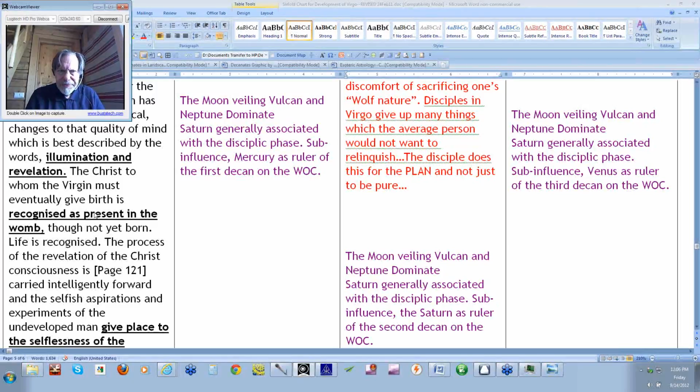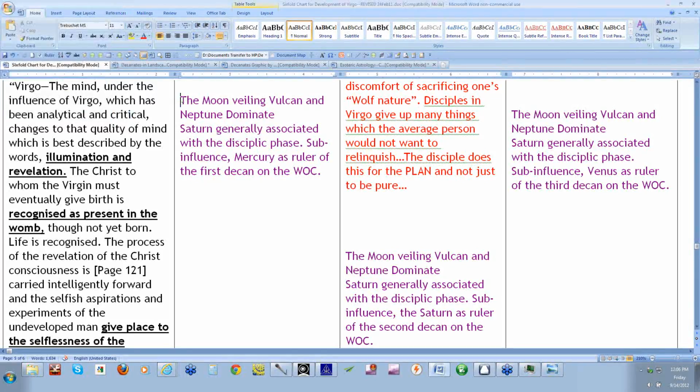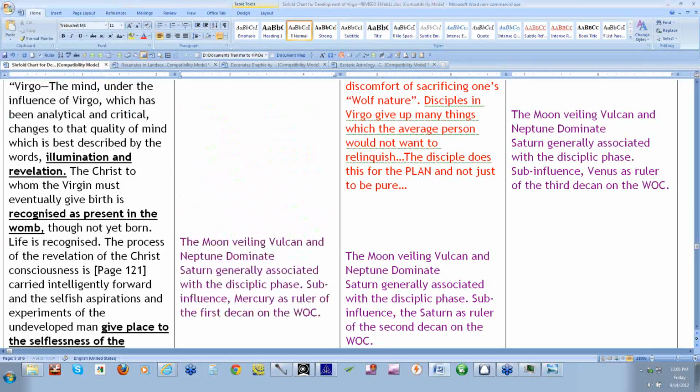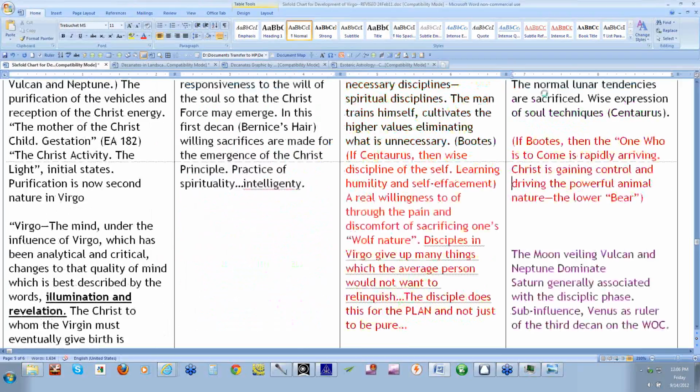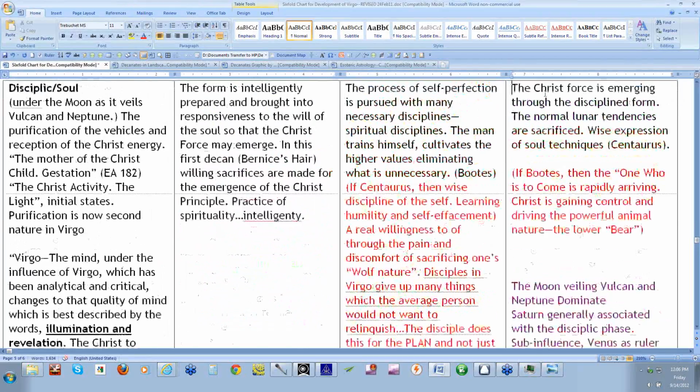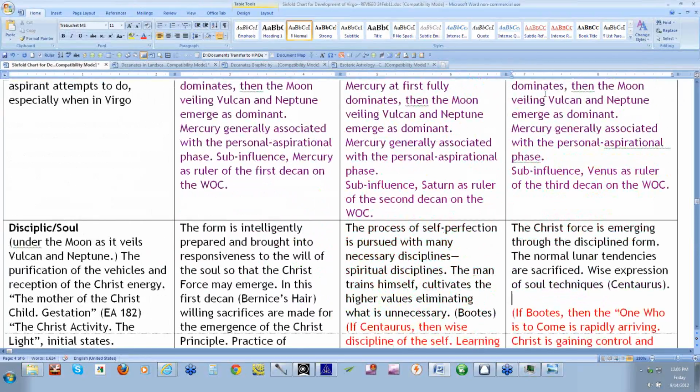Now we come to the last of the decanates, which is a Venus decanate, sub-ruled by Taurus, for the disciple. The Christ force is emerging through the disciplined form. The normal lunar tendencies are sacrificed. Wise expression of soul techniques.